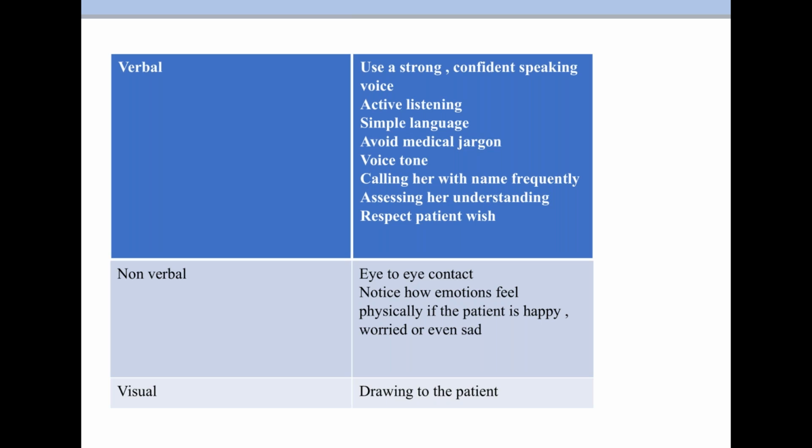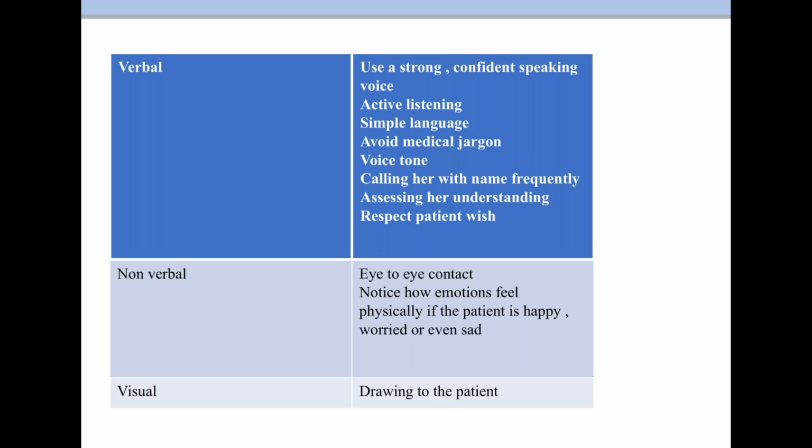Active listening means that you show the patient that you are really following her speech, sometimes by nodding your head, showing that you understand what she's telling you, and waiting to know what else she needs to say. Even eye contact can be part of active listening.